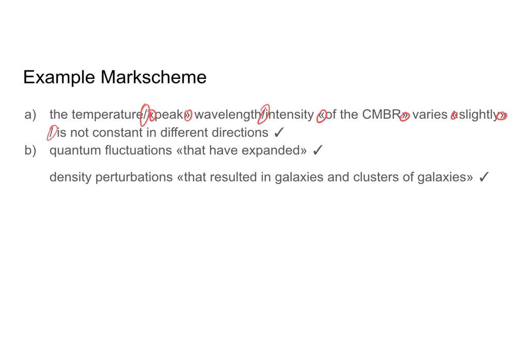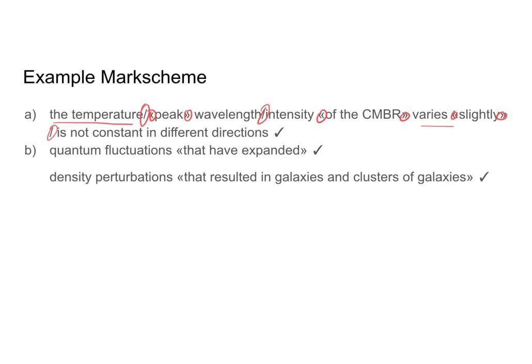So go take a moment, make sure you said the temperature or the peak wavelength or the peak intensity. Let me back up. Bare minimum of what you should have said here is the temperature varies, and that is it. That's all you needed to say. Or you could say wavelength varies or intensity varies.